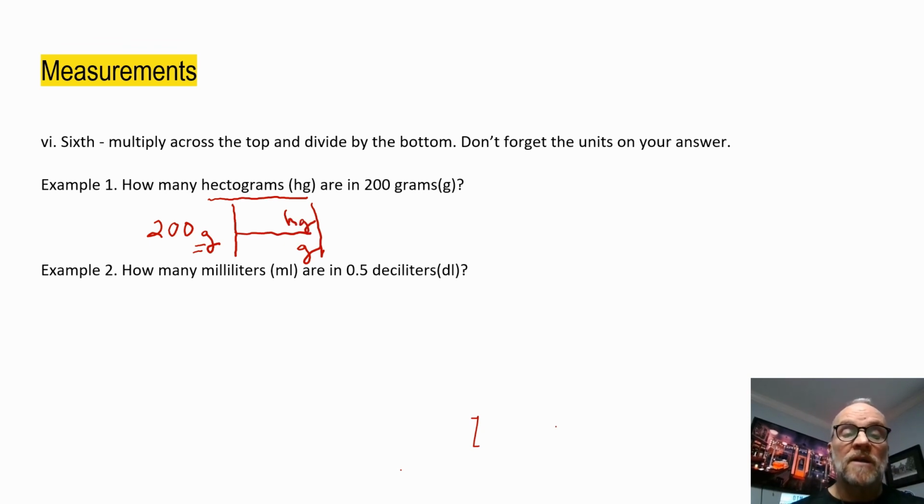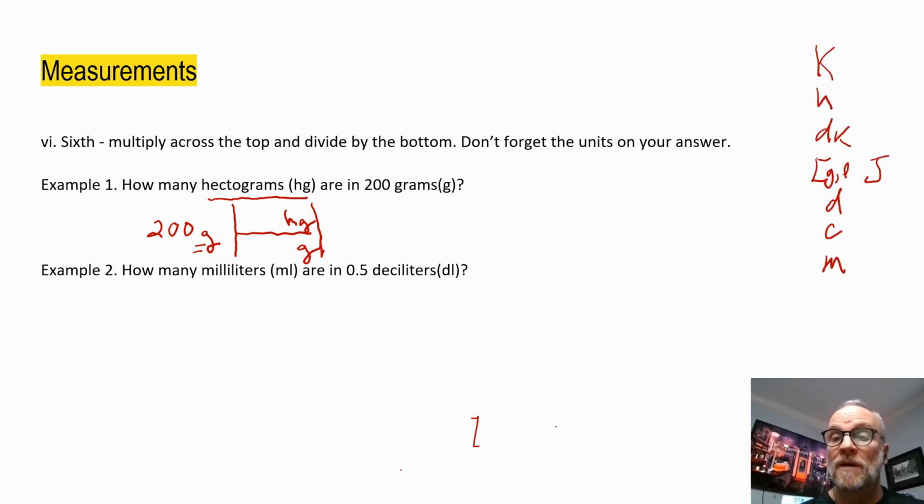So now we've got to decide what is bigger, a hectogram or gram. So we look at our chart again, kids. We've got grams, liters, meters, and seconds here in the middle as our base units. And we have hectograms this time and grams this time. So here we notice that hectograms are the bigger unit. So they will receive a value of 1. And then we count from hectograms down to grams.